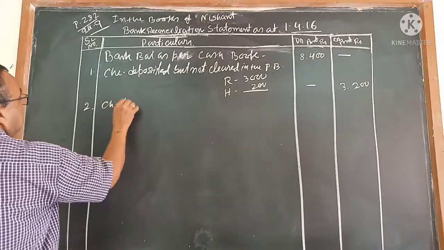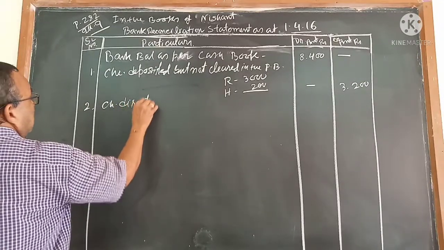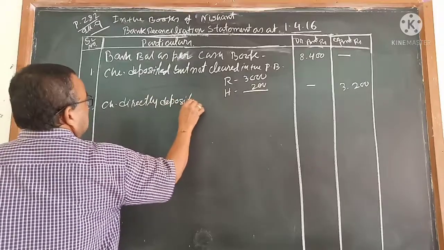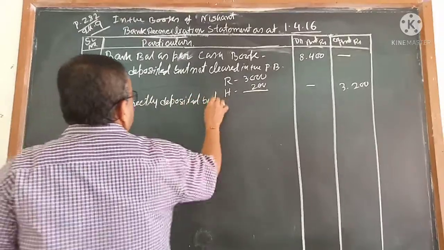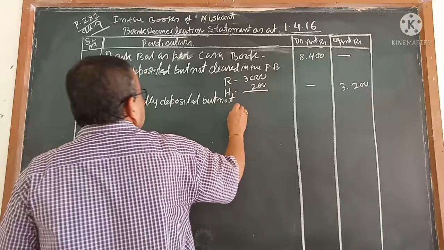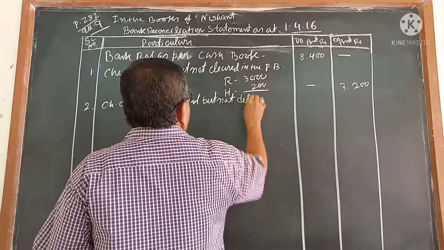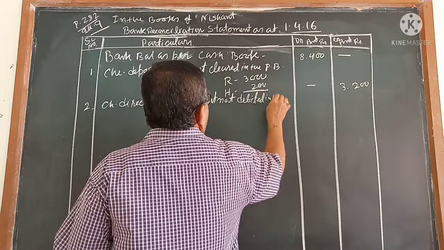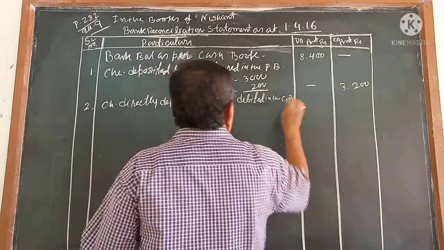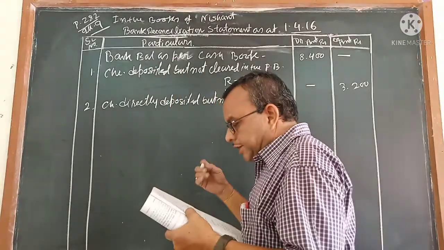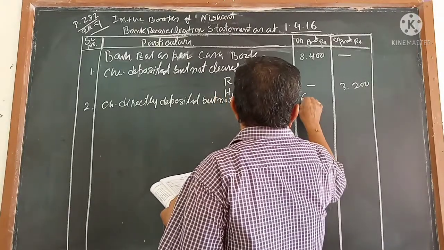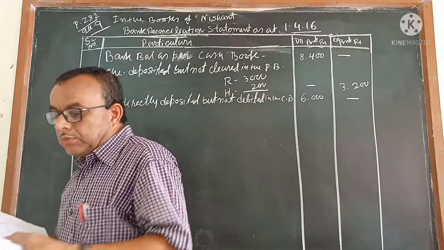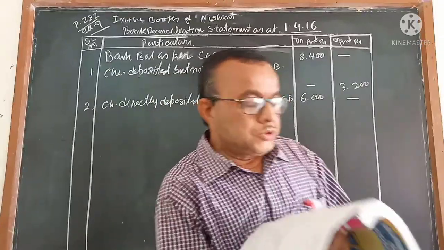Check directly deposited but not debited in the cash book. Is it correct? So it is credit but not debit. So we will make it a debit column. So the two columns comparison is over.